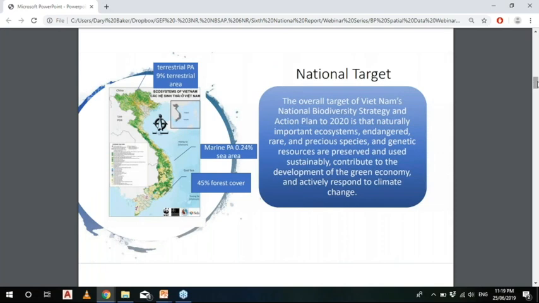As I said before, Vietnam has a national biodiversity strategy and action plan to 2020 and vision to 2030.